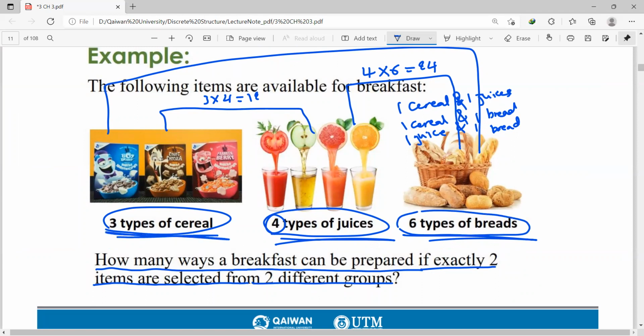And what about if we pick an item from the cereal and also an item from the bread? If we pick one from here and one from there. If we pick an item from the cereal group, how many ways do we have? 3, okay? Because either the first type or the second or the third one.